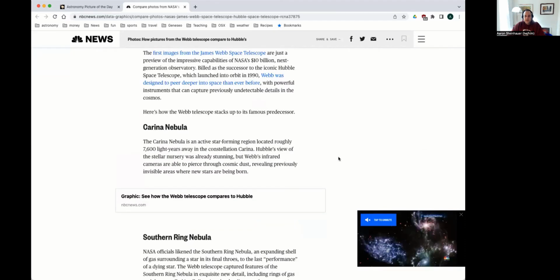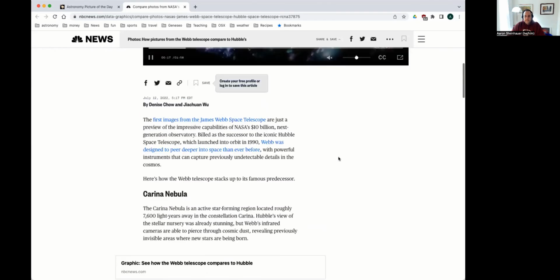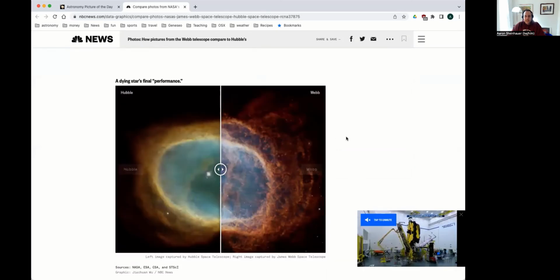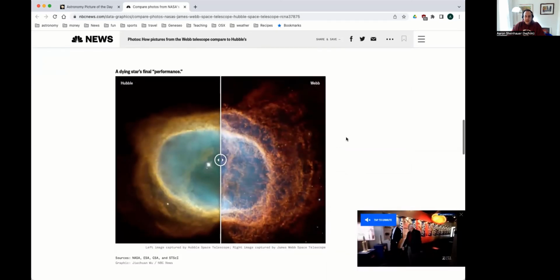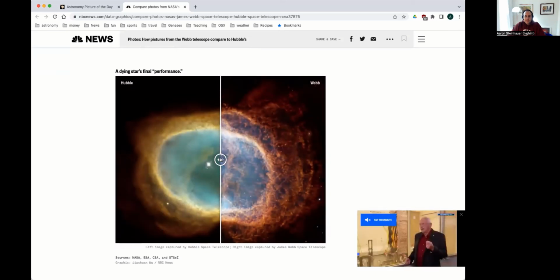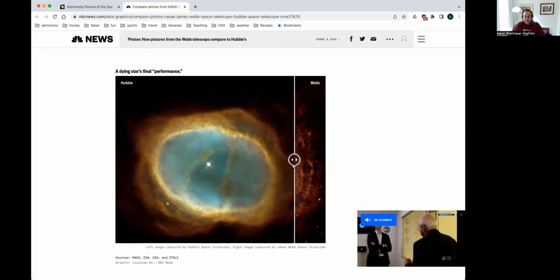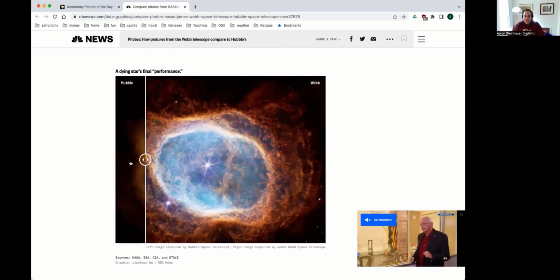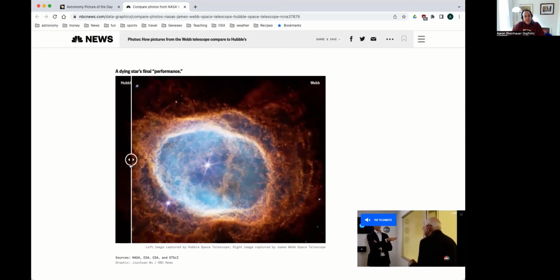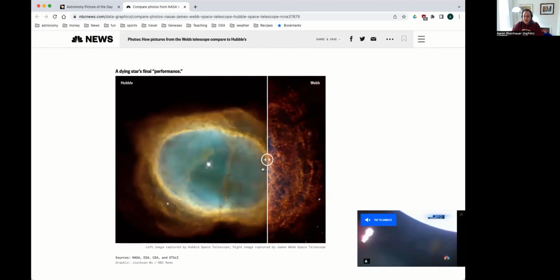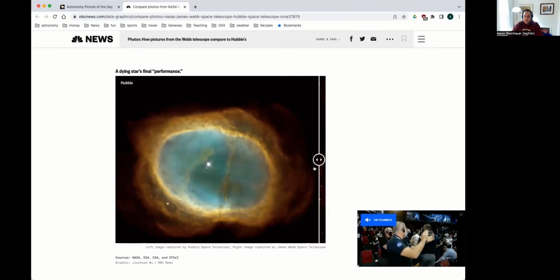It allows you to scroll back and forth between these two. For instance, I think this is the Southern Ring Nebula from the James Webb Space Telescope and from the Hubble Space Telescope. Both amazing images, but you're seeing better resolution and a lot more detail in the Webb telescope image than in the Hubble Space Telescope image.